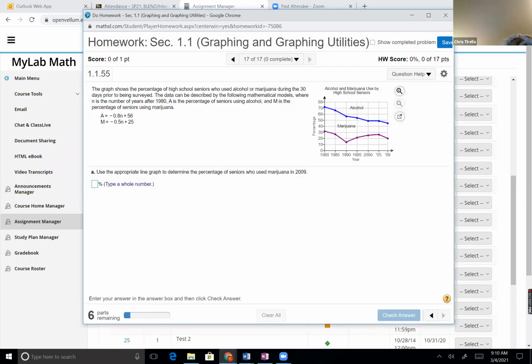But this is the question I think you're referring to, yes? Yes, that is it. Okay. The graph shows the percentage of high school seniors who used alcohol and marijuana during the 30 days prior to being surveyed. The data can be described by the following mathematical models. So we've got these two models here.